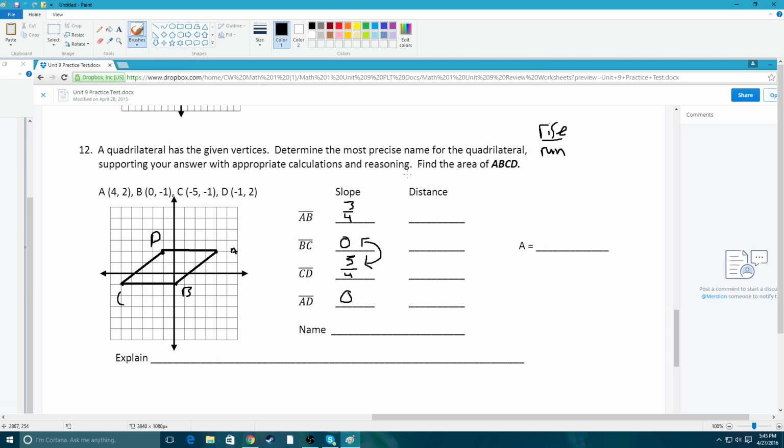Okay, so distance. For distance, you could either use distance formula or Pythagorean theorem. So let's do BA. BA has 1, 2, 3, 4, a side length of 4, and a height of 3. So that means AB is equal to 3 squared plus 4 squared, which is C squared. 9 plus 16 equals C squared, which is 25. Or if you square root both sides, you get this distance is 5.